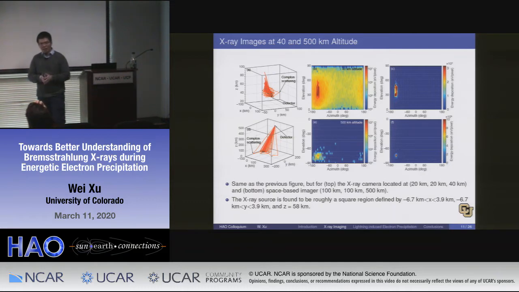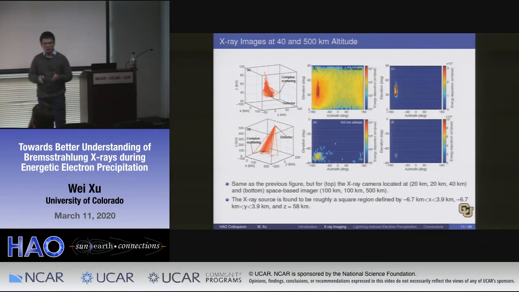This is mainly because those X-rays recorded by satellite experience much less collisions than those recorded by balloon. And we know exactly, for example, at which altitude those Bremsstrahlung X-rays are produced. We can then convert this bright spot into the area of the Bremsstrahlung source and the production altitude. The source is a pretty straightforward geometry problem here.